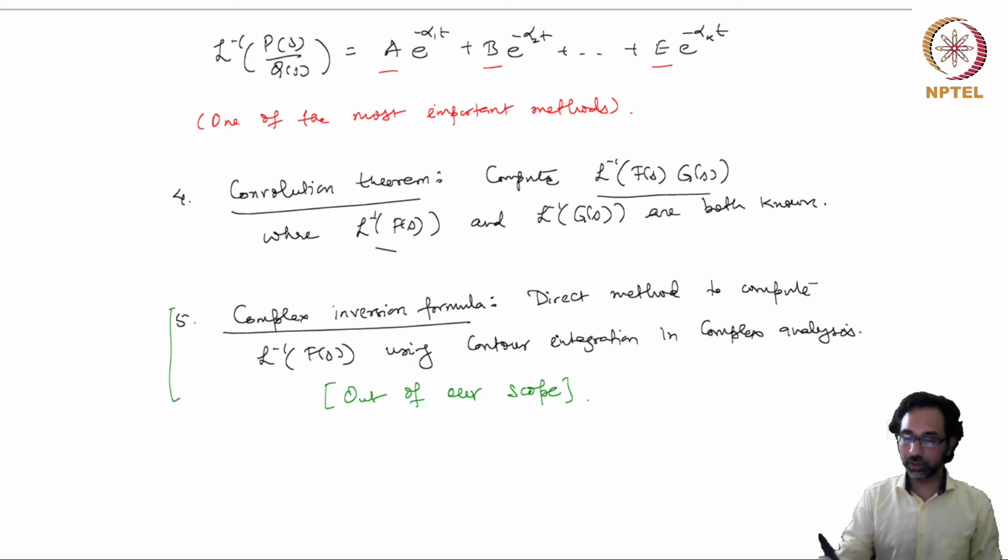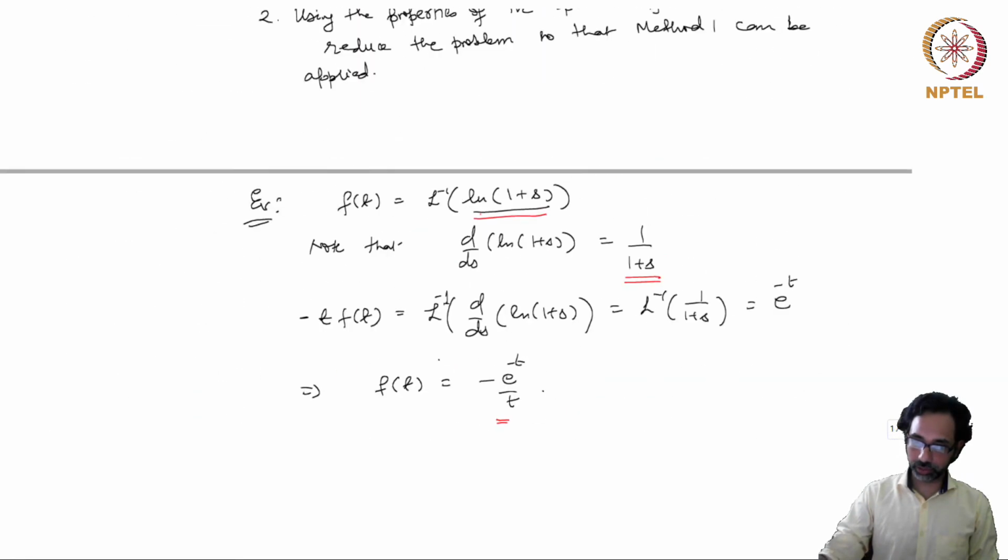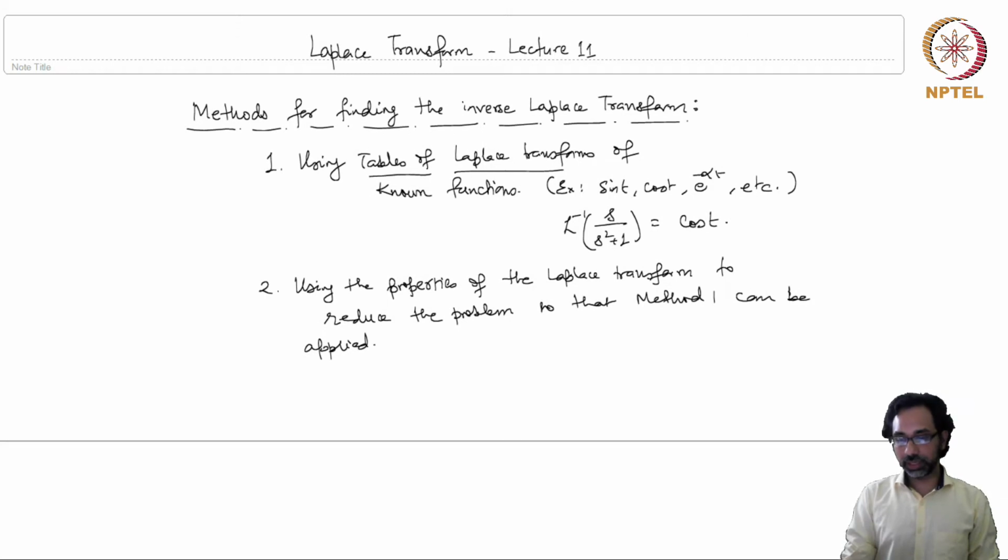So the first four we will cover in this course, and we will see how to compute the inverse Laplace transform using these methods. So let's go back and see what the first two methods were. The first one is simply looking up tables of Laplace transforms of known functions, and if you find your function for which you want to find the inverse Laplace transform in your table, then you're done, because you don't have to compute it by hand.